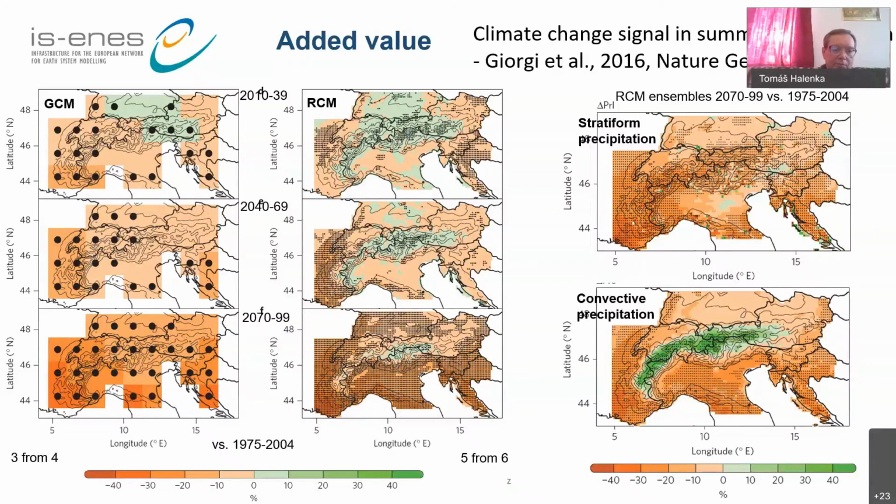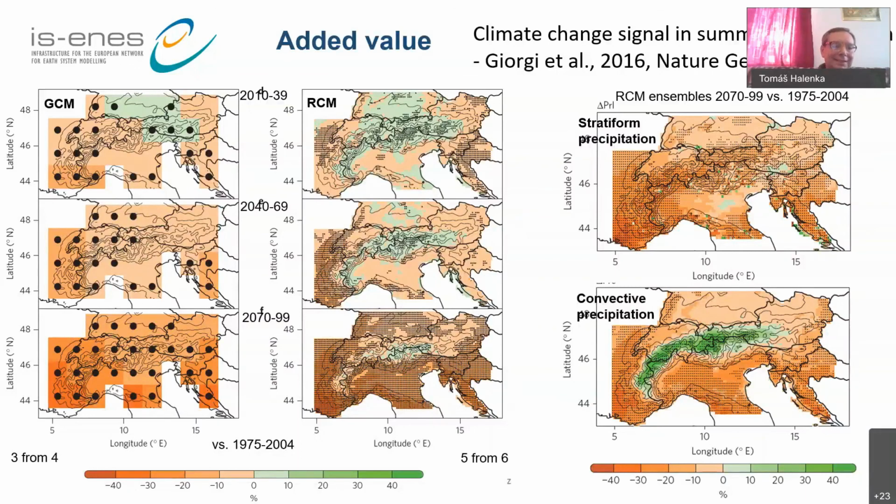And you can see clearly the dots, which means that 3 from 4 models have this direction of the signal. You can see the dots on the RCM column, but it's not so well seen, but it means 5 from 6 models with that direction of the signal.